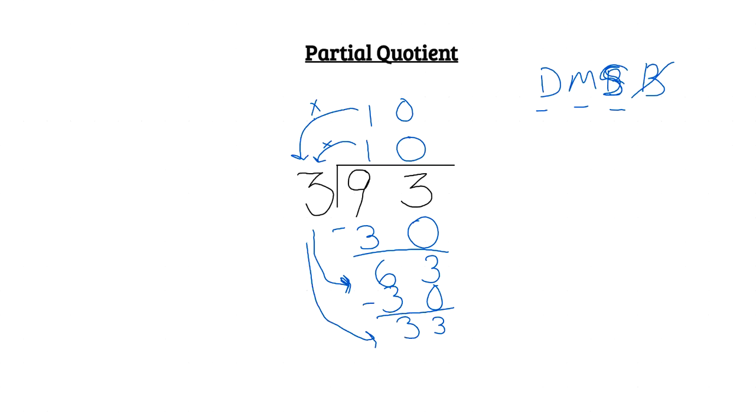So I could say to myself right here, I got my final answer, 10. I mean 11. And if I didn't know that, I would just use 10 again. But you should know that 3 times 11 is 33. So therefore, I would put an 11 here at the top.